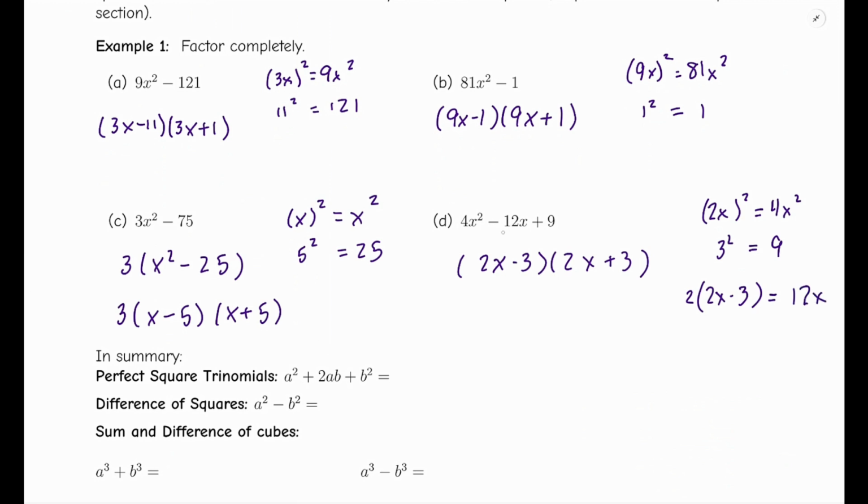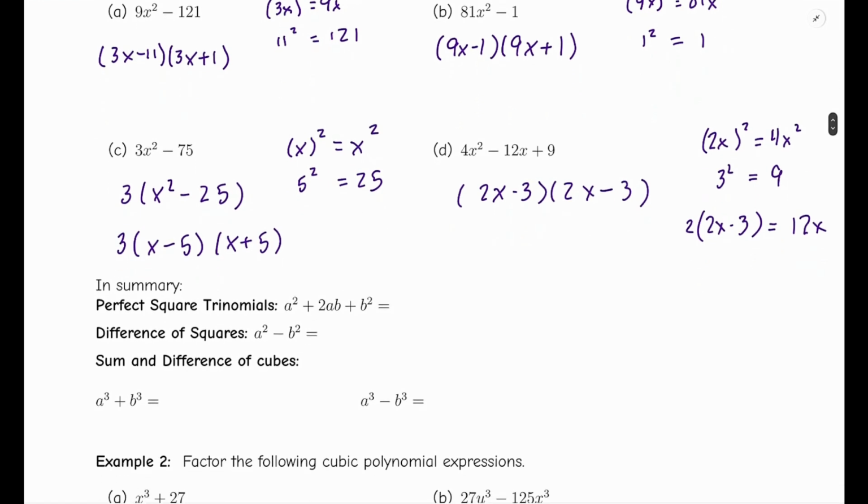But in order to get the negative 12x, both of them must be negative. And I already see I wrote something wrong here. They should both be 2x minus 3. There we go.